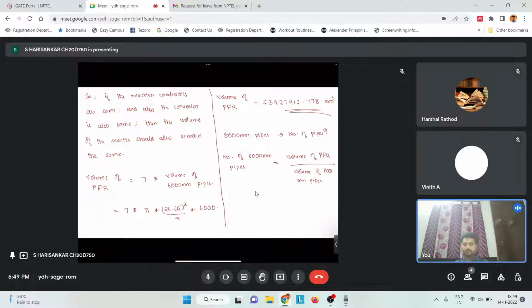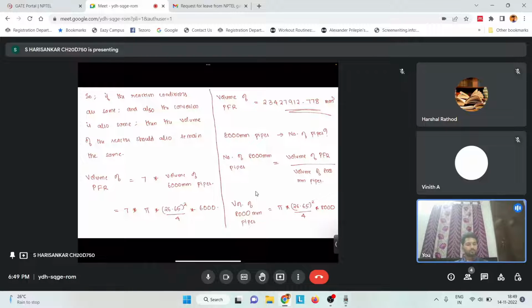If we do this, we can find how many such 8000 mm pipes are required for this system. So we can find the volume of the 8000 mm pipes as pi d square by 4 into h, which will be pi into 26.65 the whole square by 4 into 8000.